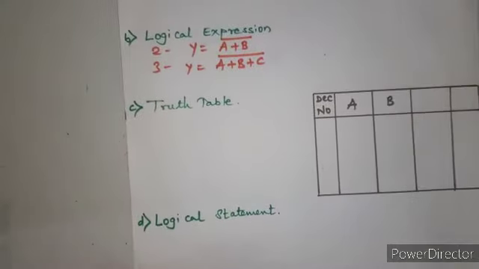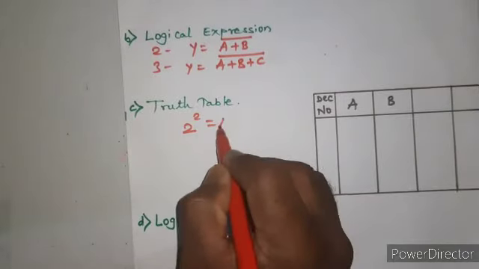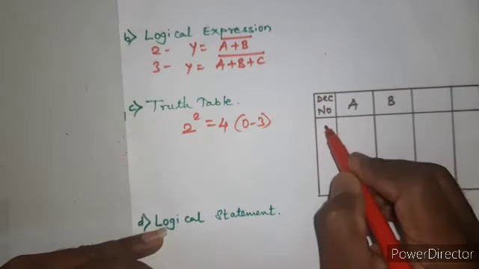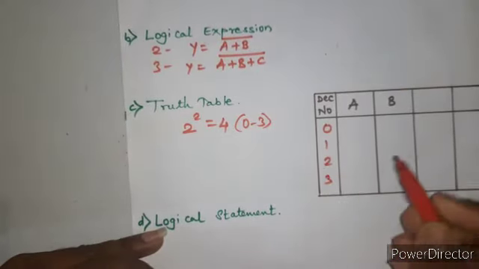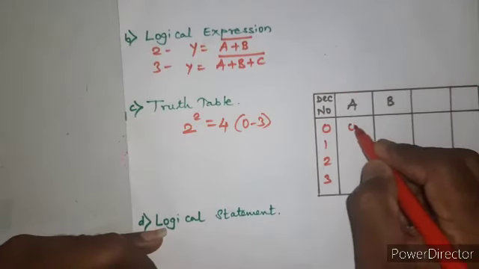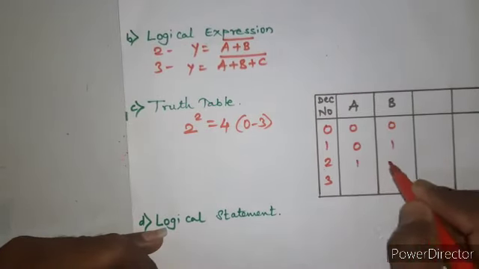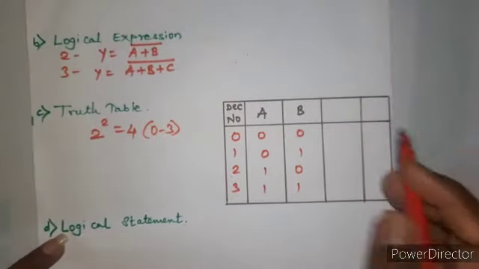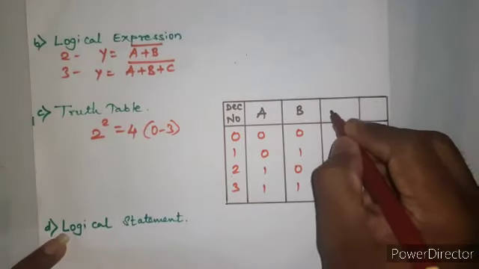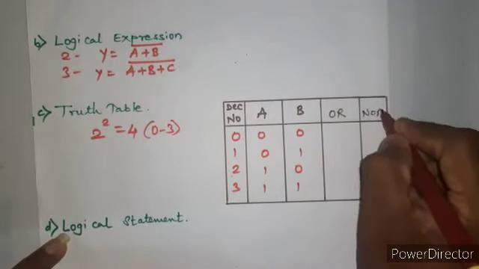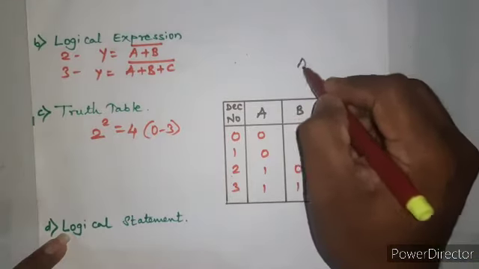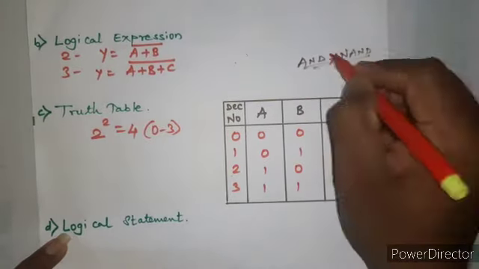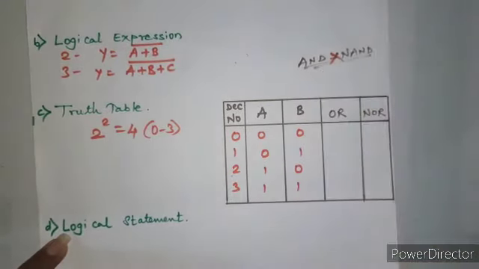Now looking at the truth table, so again 2 raised to 2 is 4, considering 2 input gates. So it starts from 0 to 3. So this is 0, 1, 2, 3, right? So this is 0 0, 0 1, 1 0, 1 1. Okay, so we can first consider for OR gate and then for NOR gate, because as we have seen, AND and NAND perform oppositely to each other, right?